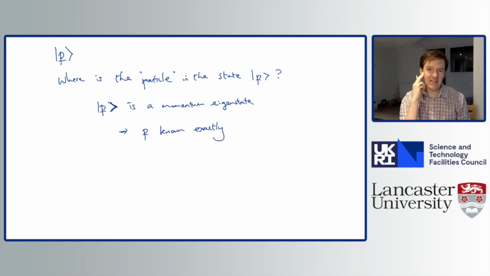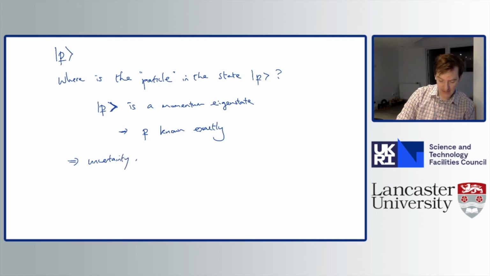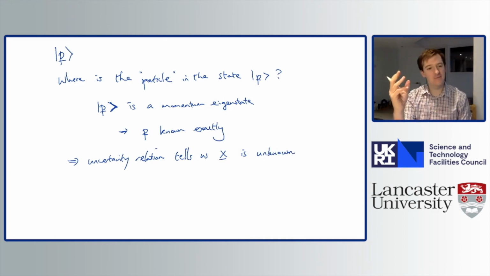Because we know p exactly, the Heisenberg uncertainty relation tells us that x is unknown. So with this particle state, which is a momentum eigenstate, we cannot think of a particle as some little discrete thing. Its position is maximally unknown because we know its momentum precisely.